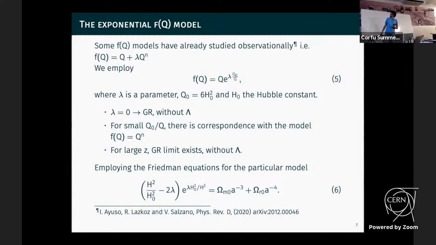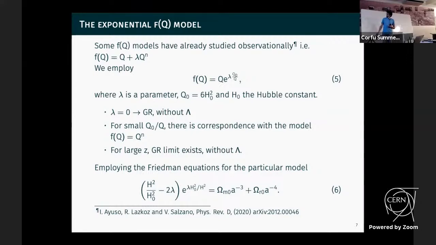Another interesting feature of our model is that it has the same number of free parameters as GR, which is observationally very desirable. There is a GR limit without lambda for large redshifts, so we evade the BBN constraints easily. At the BBN era, we have pure GR essentially.